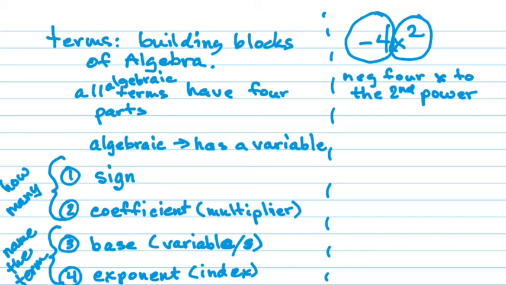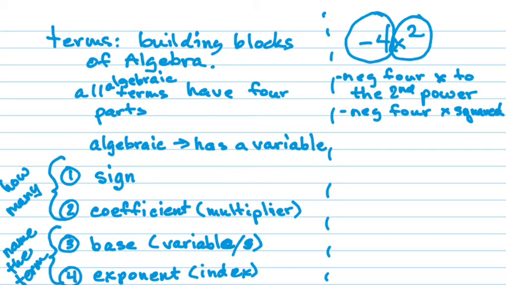Also known as, you could rewrite it as negative 4 x, and what's the special word for something raised to the second power? Starts with an S? Squared, there you go. X squared. Either one of those. Okay?